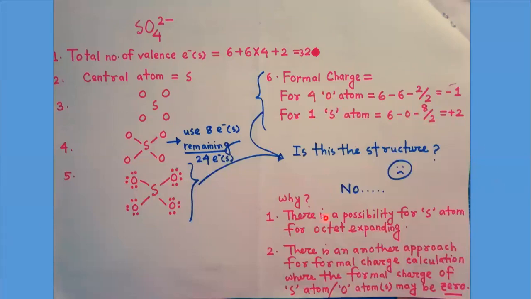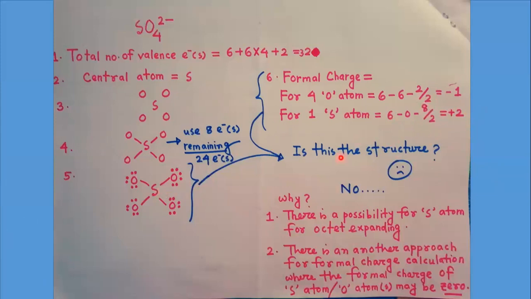Minus, there are 4 bonds present here, and 4 bonds comprise 8 electrons. 8 by 2 equals 4. So 6 minus 0 minus 4 equals plus 2. So the formal charge of sulfur is plus 2.